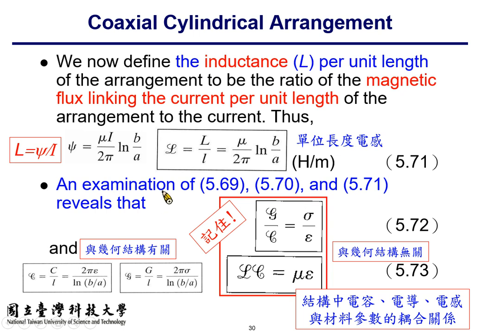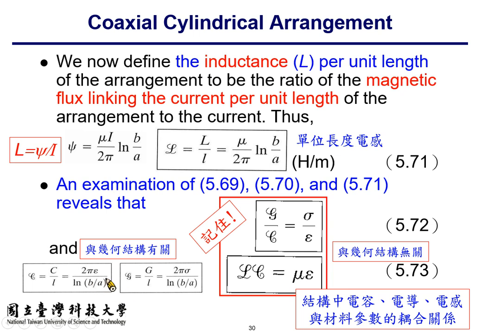Okay, so we have found all 3 properties: the unit length capacitance, unit length conductance, and unit length inductance. Let's examine the 3 parameters at the same time. You find they are in very similar expressions.